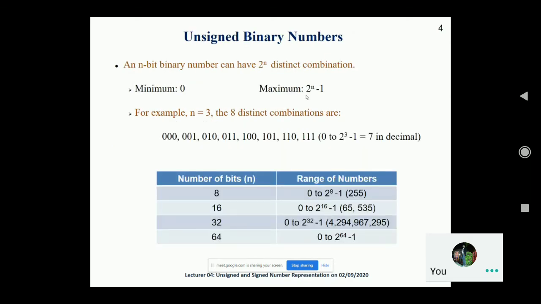So now we are discussing details about the unsigned binary numbers. n-bit binary numbers can have 2 to the power n distinct combinations. You already know this. When we are talking about 2 to the power n distinct combinations, the minimum value is 0, because 0 is also considered, and n is the number of bits.